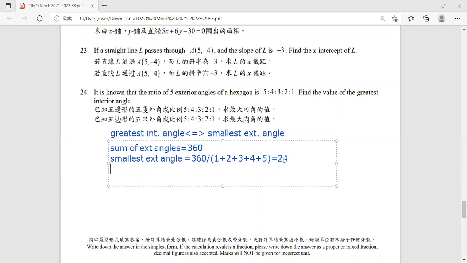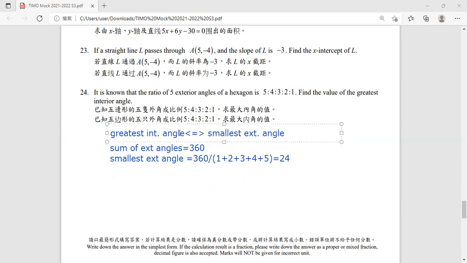Okay, that's that. Nothing special. I think this is a Form 2 question, but it's okay. Any questions?